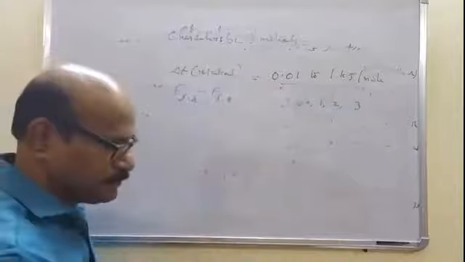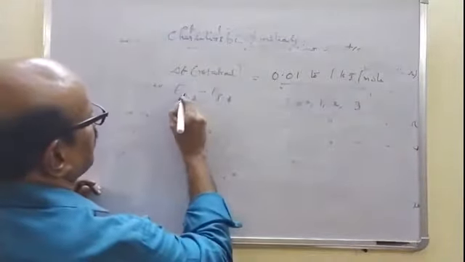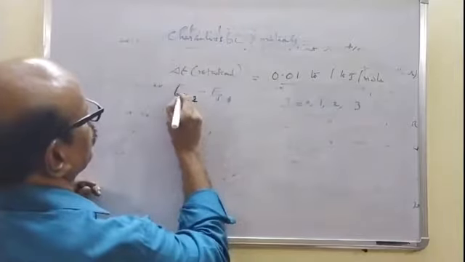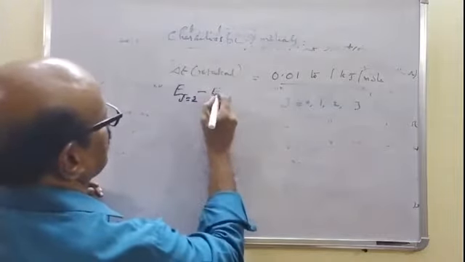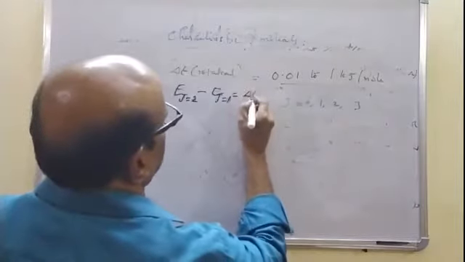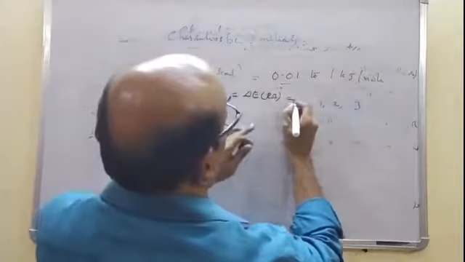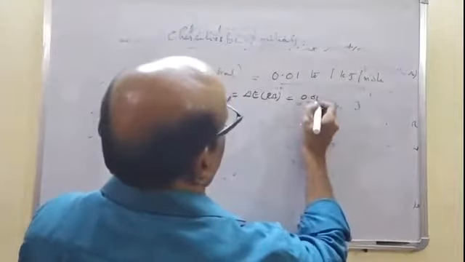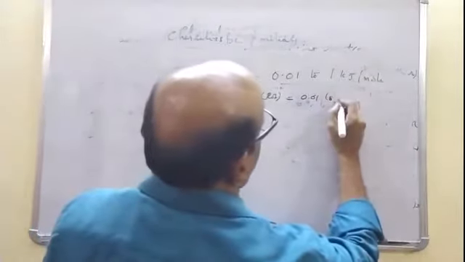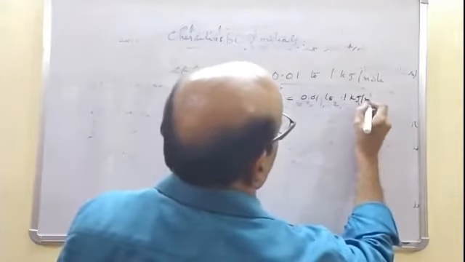That is called delta E rotational. That is of the order of, very important, 0.01 to 1 kilojoule per mole, which is very small.